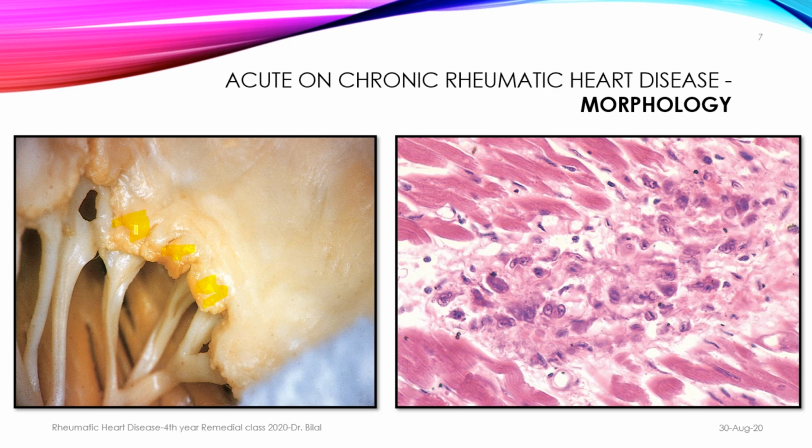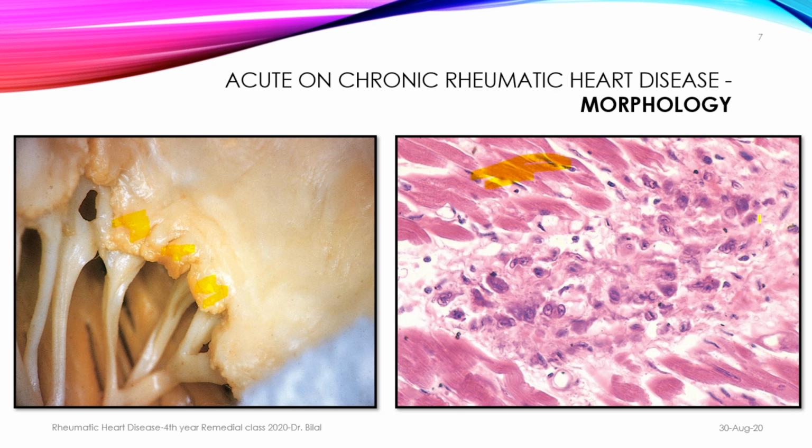If something like this is sampled, this is how it looks. This one is the valve leaflet, and this one is a section from the myocardium, because you can see these are the myocardial fibers.